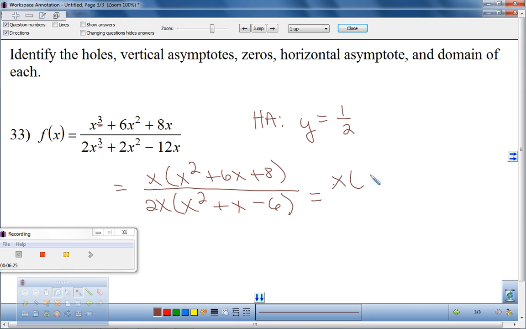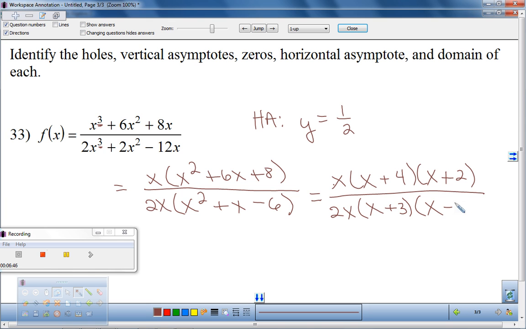We're going to end up with x times x plus 4 times x plus 2. On bottom we'll have 2x times x plus 3 times x minus 2. Because the 3 and the 2 multiply together to give you negative 6, and then they subtract to give you the positive 1 in the middle.